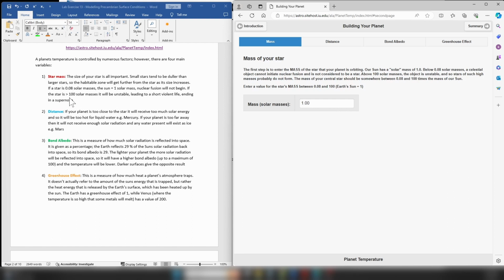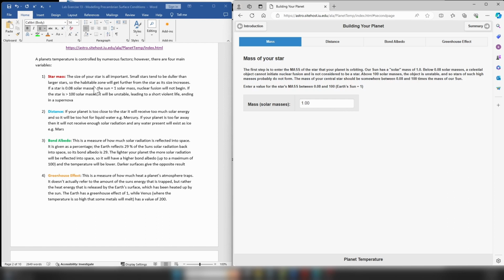And we also know that if our star is greater than 100 solar masses, it will be very, very unstable. And this will lead the star to have a very short and very violent life, which will end in a supernova. So as you can see, the size of your star is going to be important.